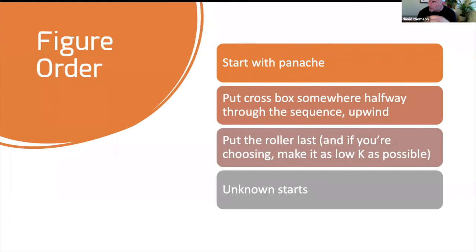I like to start flying along the A axis, but sometimes in an unknown you have to put a cross box first, and the reason for that is because you just run out of cross box correctors. In an intermediate and advanced free known, if enough people put a figure that starts or finishes cross box, you just haven't got enough.